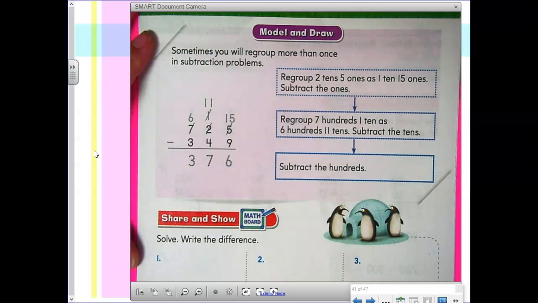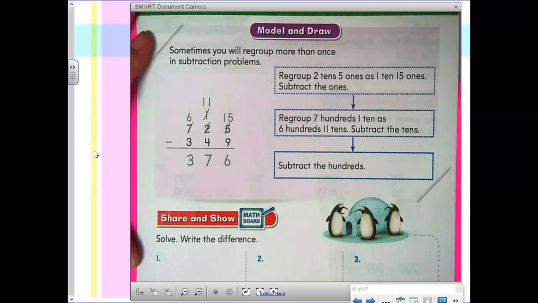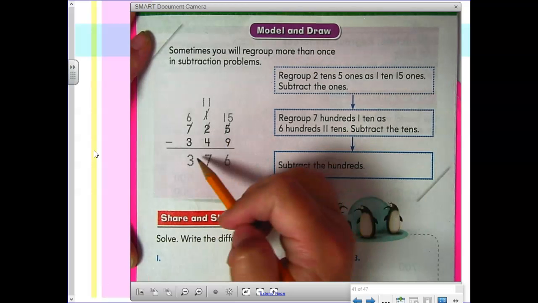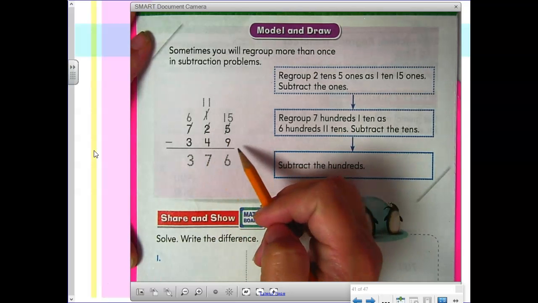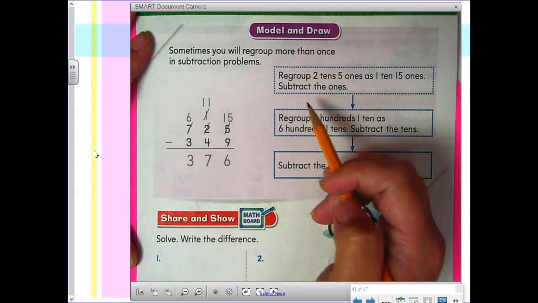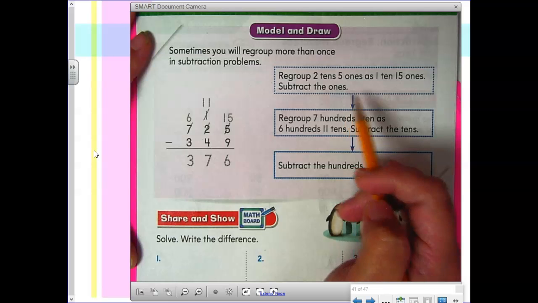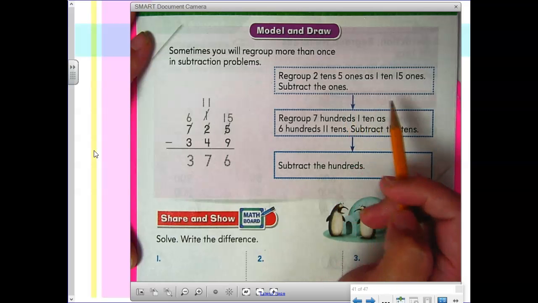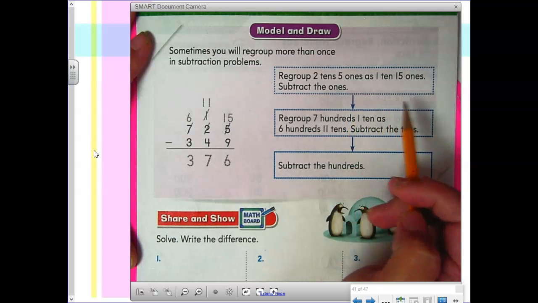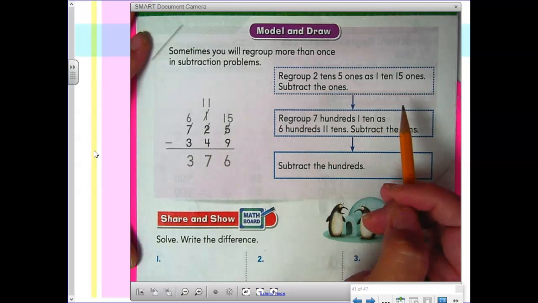Sometimes you will regroup more than once in subtraction. 725 minus 349. All right, first we regroup 2 10s, 5 1s as 1 10, 15 1s. Subtract the 1s.